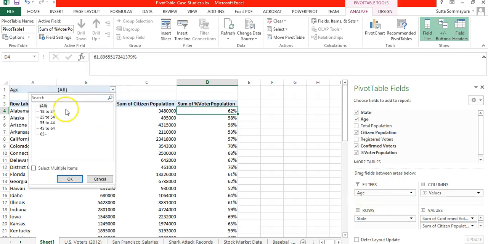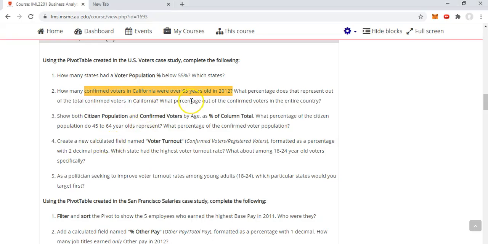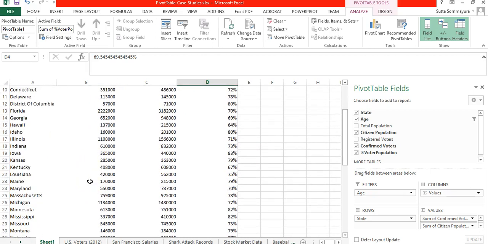And you want to use the filter on the age, okay, 65. So you're going to select only this and this segment, right? So you're going to filter only 65, and then now you have 65 years old and over, and you want to find how many confirmed water. So confirmed water in California, right?